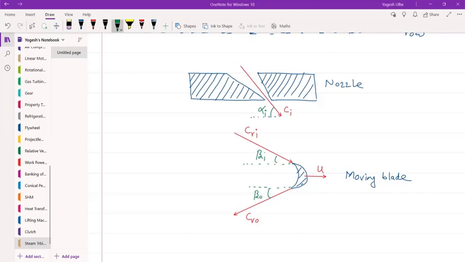Matthew sir, can you send me this drawing? Yes. Okay, good.